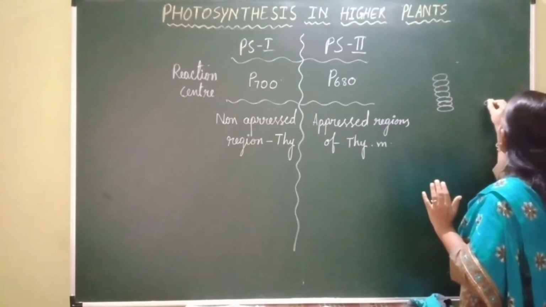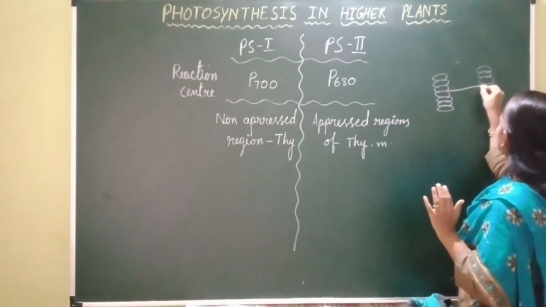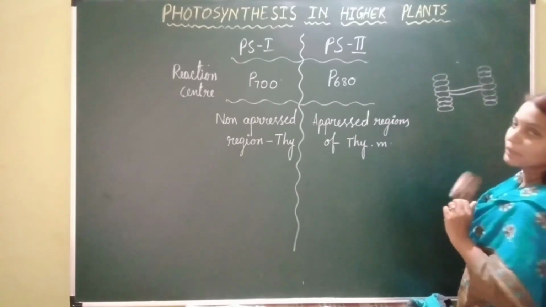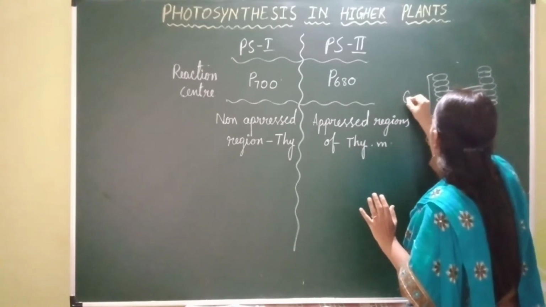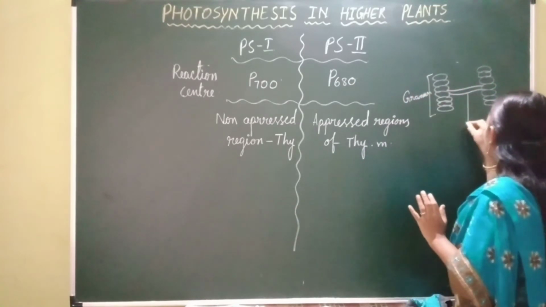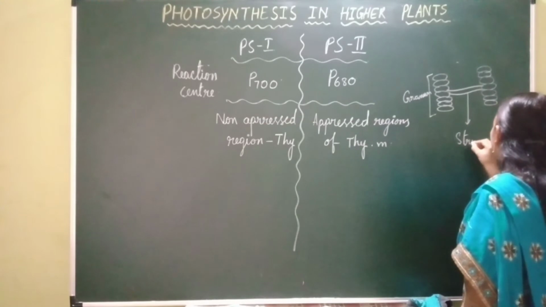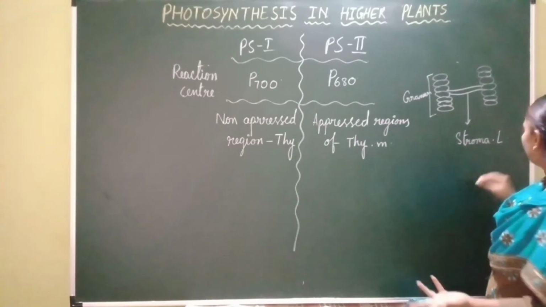This granum joins with another granum with the help of a membranous structure called stroma lamellae, or grana lamellae, or also called fret lamellae. So this is granum, and this is stroma lamellae or grana lamellae or fret lamellae.